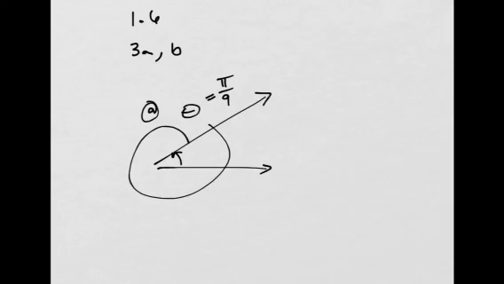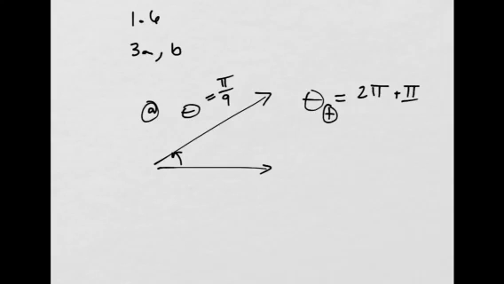So the first angle, I would start here, and I would go up pi over 9, and then I would continue for another 2 pi. So the first theta, the positive one, would be whatever 2 pi plus pi over 9 is.